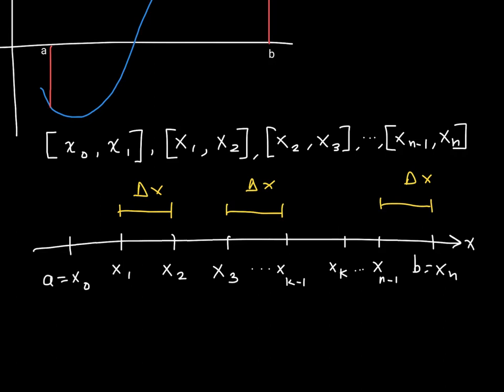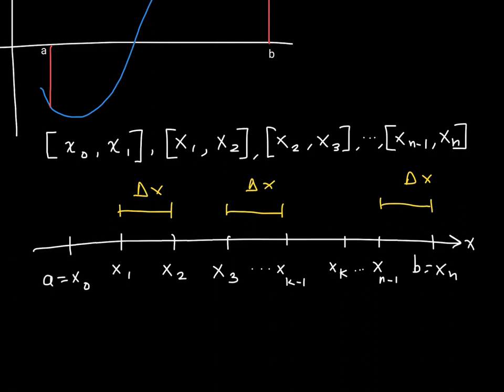Sometimes, if you're calculating a lower sum and your function is decreasing on that interval, then the lower sum would mean that you are evaluating your function at the right endpoint. The upper sum would be evaluating your function at the left endpoint of each subinterval if your function is decreasing.